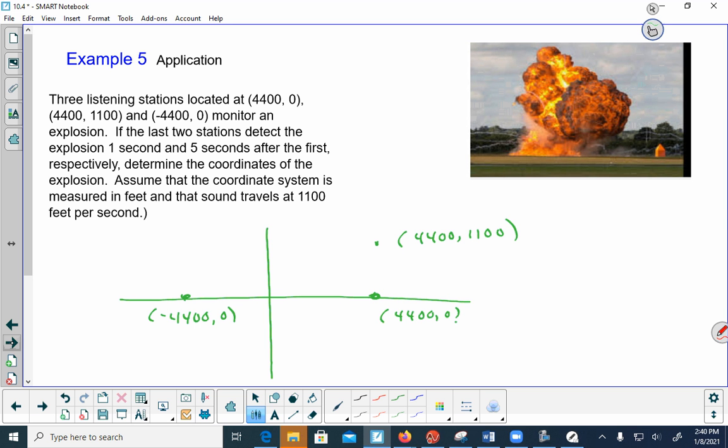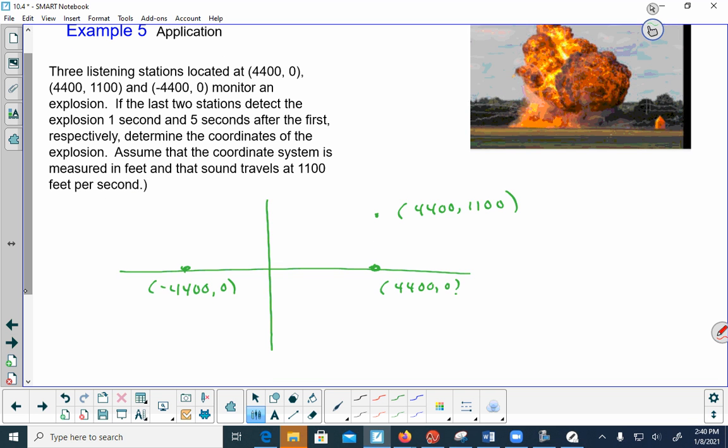So what that's telling me is, since sound is traveling 1100 feet per second, and there's a 1 second difference between this station hearing it and a second later this station hears it, that tells me something. First of all, it's closer to this station because I hear it first.